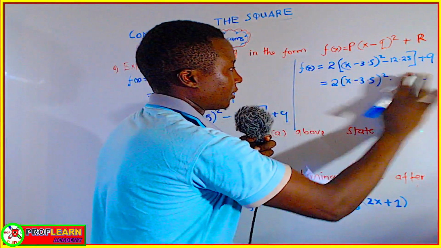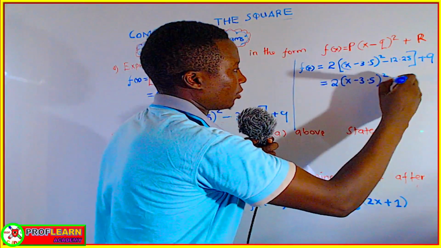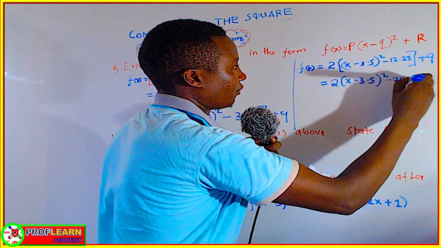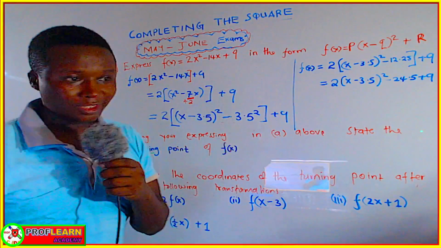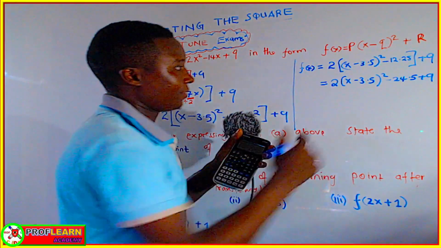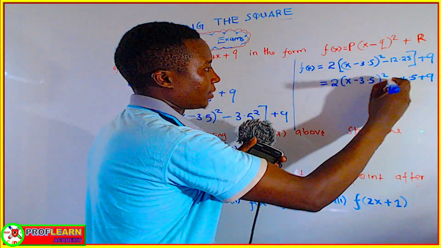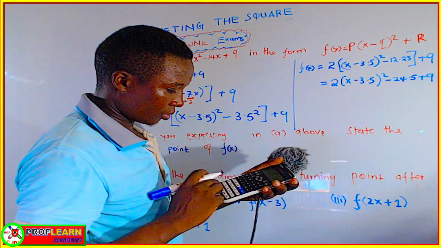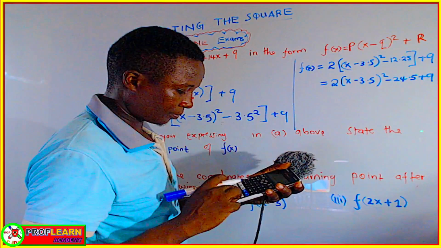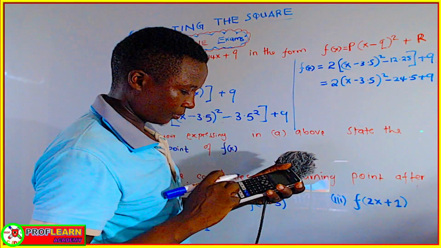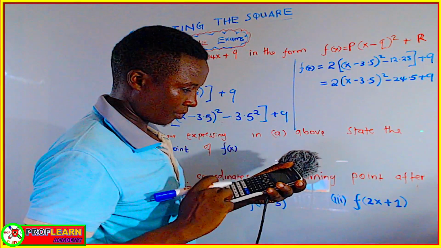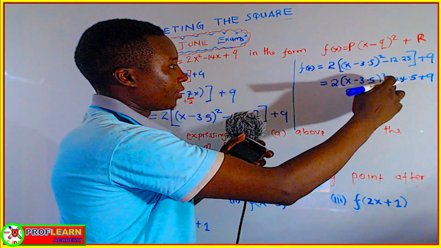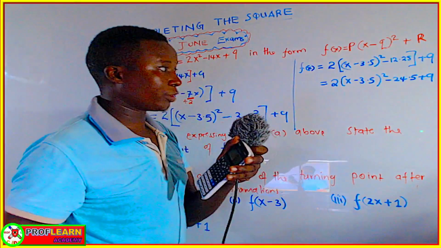This point we can say minus 24.5 plus 9. So once we have this, we are almost home and dry. This is subtraction at this particular point. So now it will be negative 24.5.